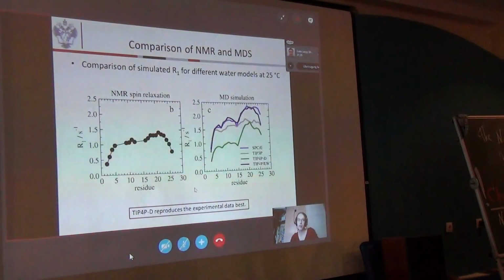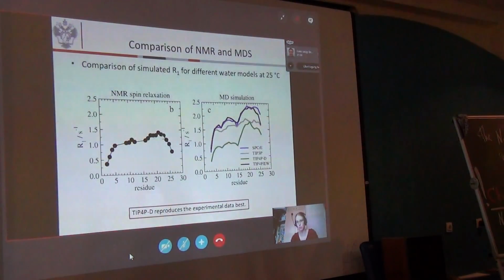Now we can compare the simulated relaxation rates with the measured relaxation rates at 25 degrees Celsius, and this is done here. This is the picture that you saw before. This is the NMR spin relaxation data as a function of the residue.